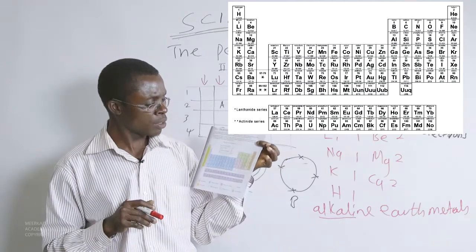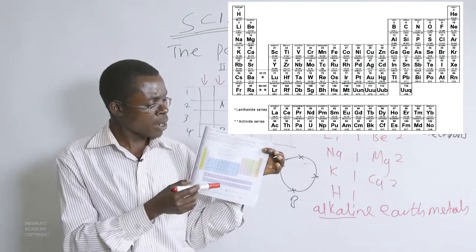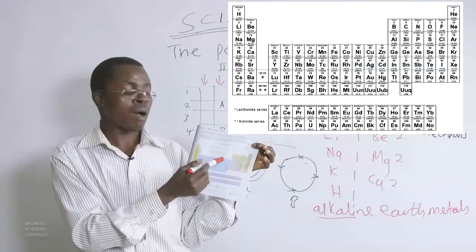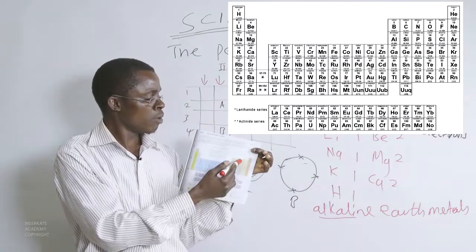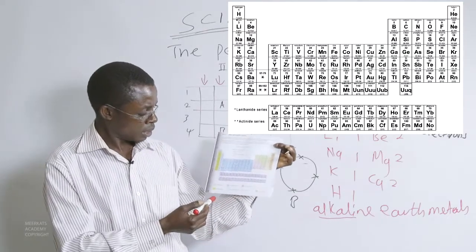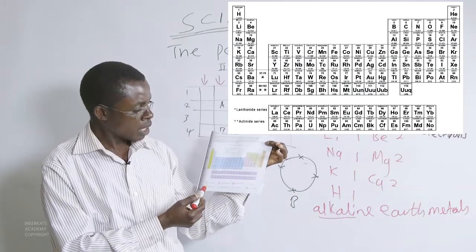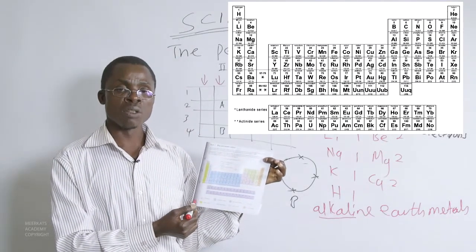So these are non-metals, but we also have another category of non-metals that have been categorized differently, put in a different group from these ones, and that is halogens. The halogens, they are non-metals, but special non-metals, specifically called halogens.